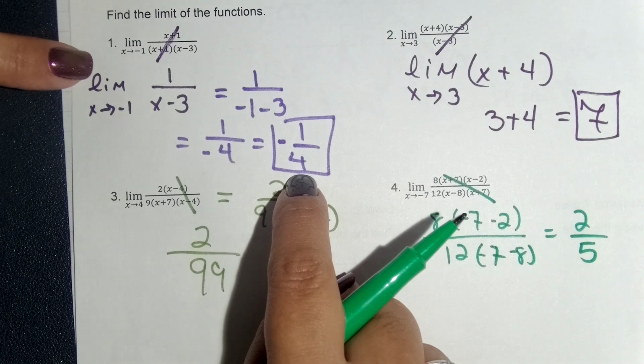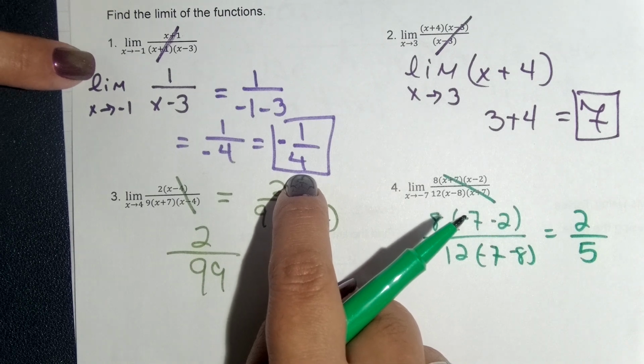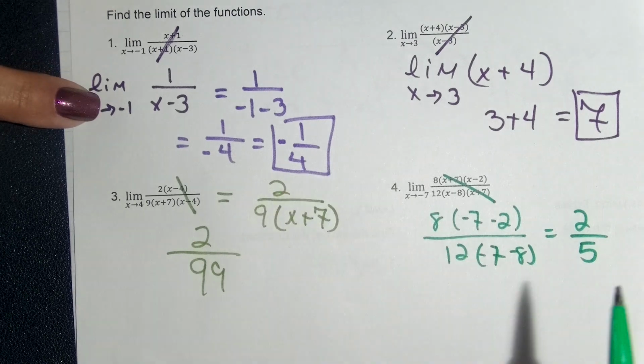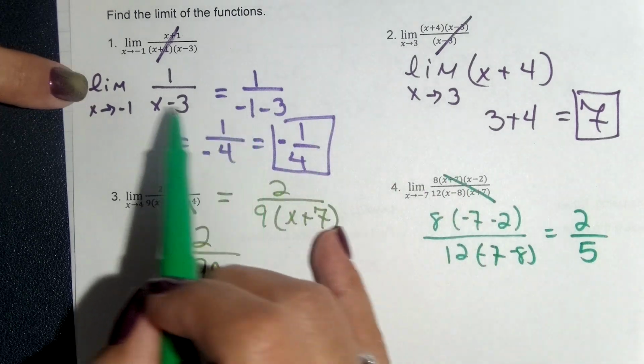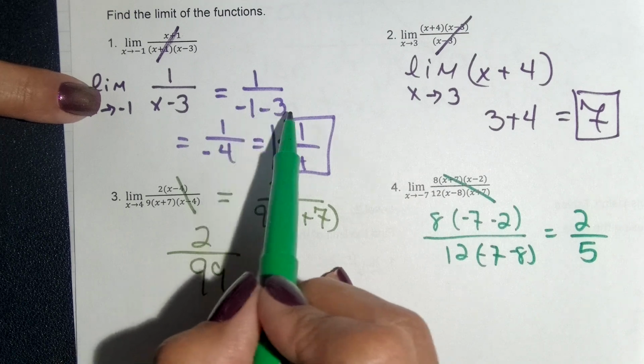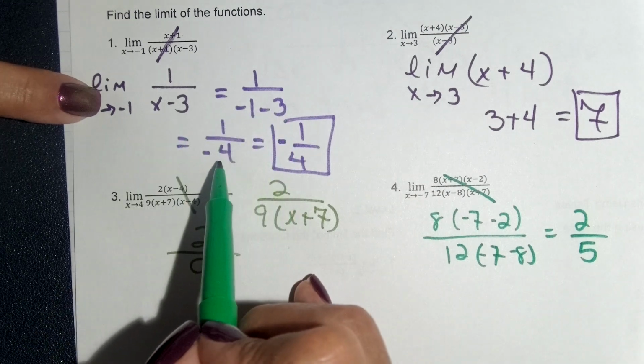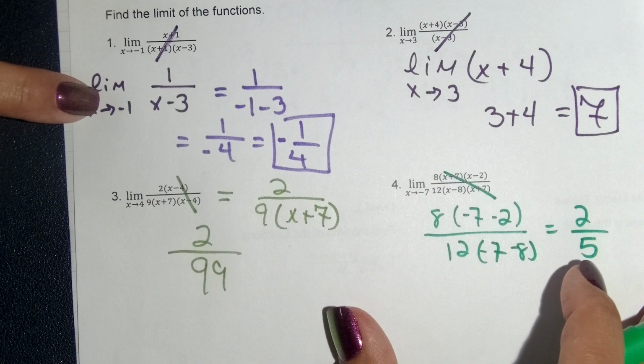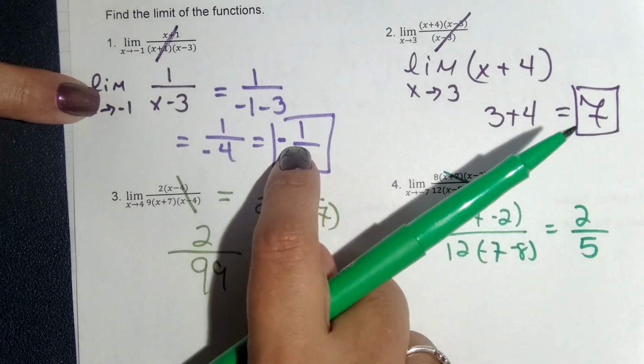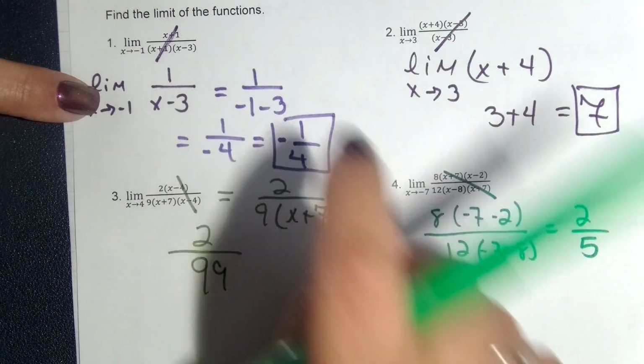Is it negative 1 over 4? Yes. I thought it was 1. Isn't that negative 1? Yeah, it's negative 1, so it'll be negative 1 minus 3. Negative 1 minus 3 is negative 4. And then the one on the top? No, that was positive.